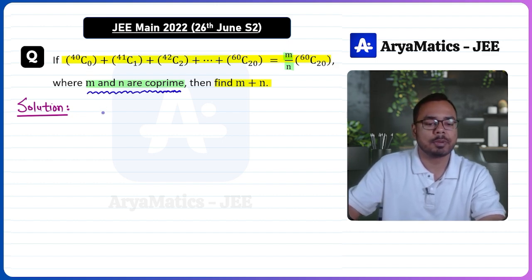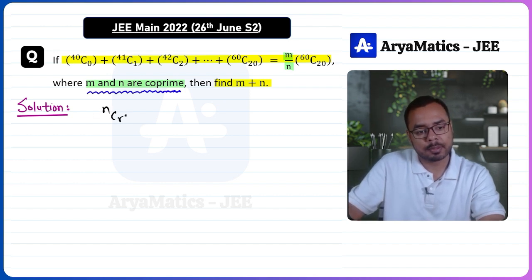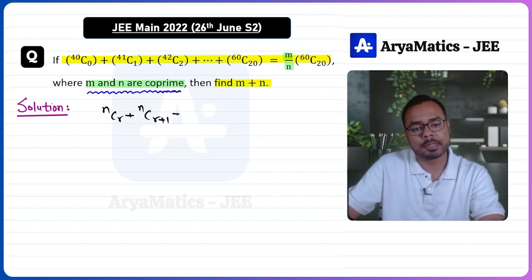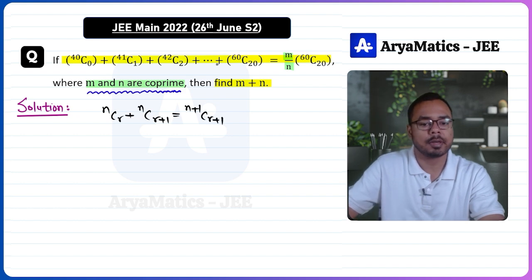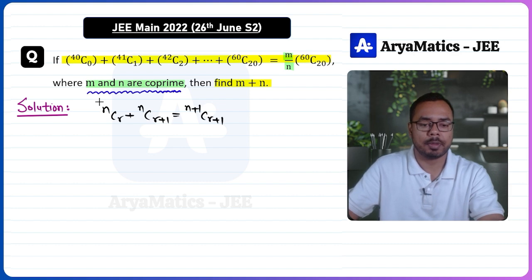Now, before we attempt this problem, there is one important property of binomial coefficients that we must know. If I have NCR plus NCR plus 1, then this is nothing but n plus 1 CR plus 1. This is one very important result related to binomial coefficients.